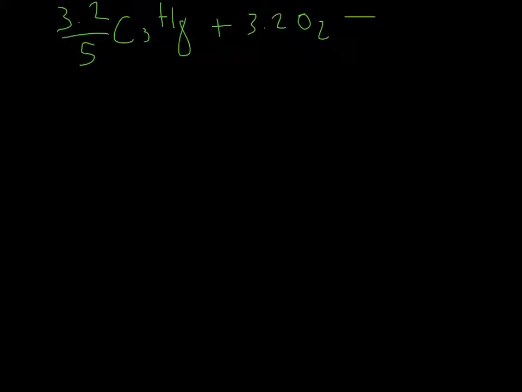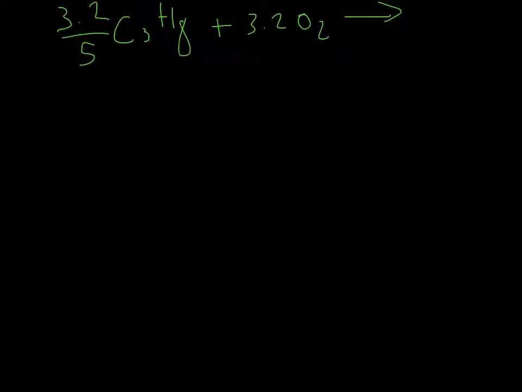So picking up where I left off, we're going to have 3.2 over 5 of C3H8, and then plus 3.2 O2. Now, you never write an equation with these decimals and fractions, but just to think about what's being produced is the easiest way to do it.